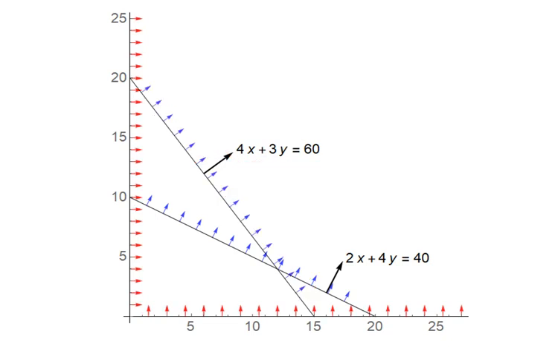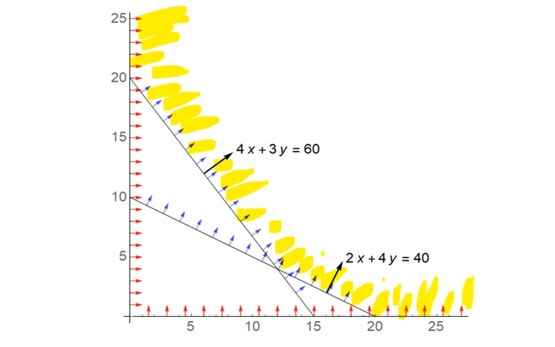Now, to find the feasible region, you shade the region that is satisfied by all these inequalities. So in this example, that would be the feasible region. You are just guided by the arrows.